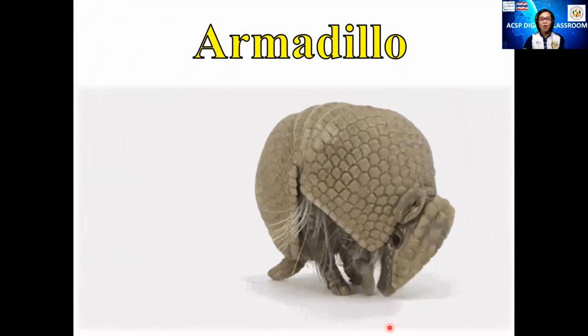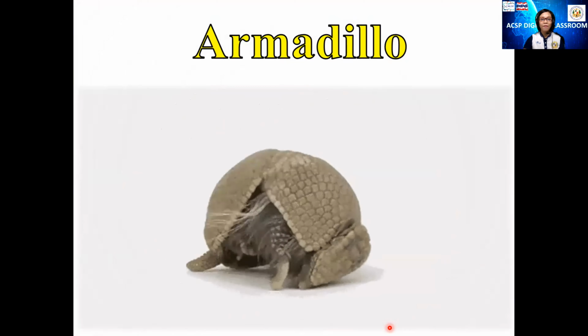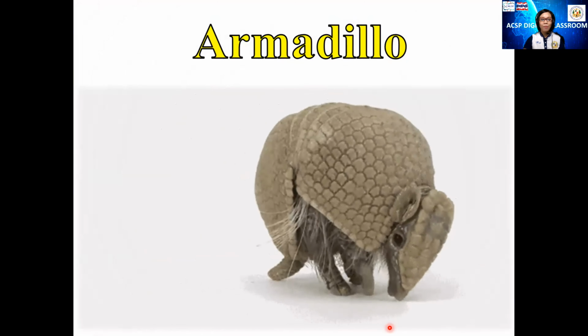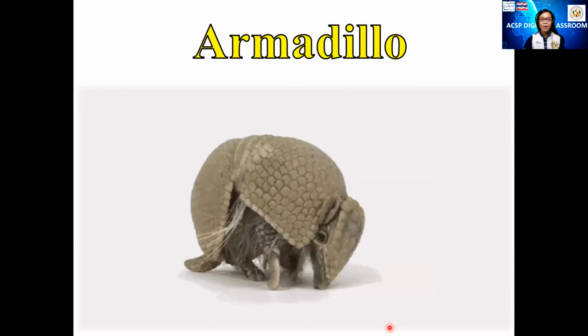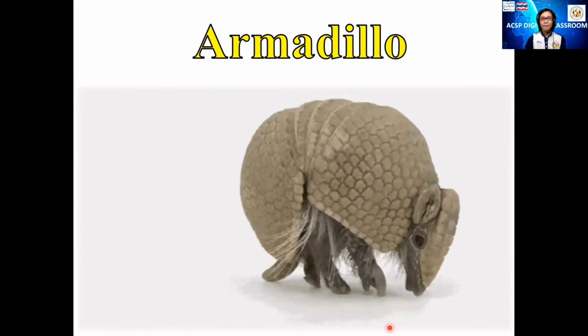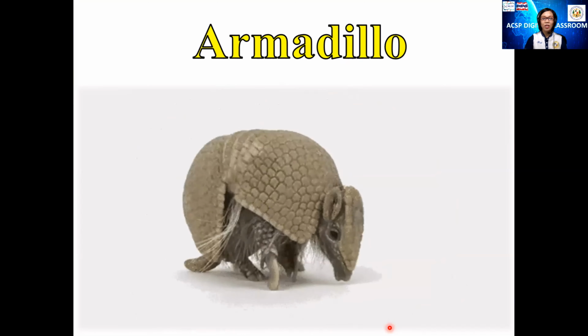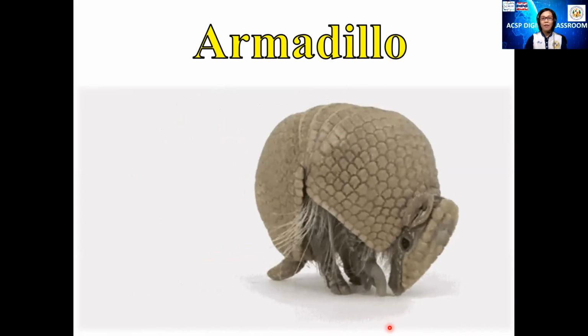So when they feel danger, they roll up inside like a hard armored ball so that predators won't eat them. That is physical adaptation. They have hard shells, they have hard armor on their body.